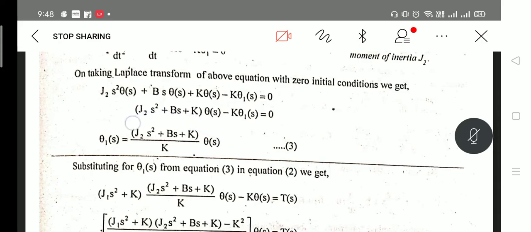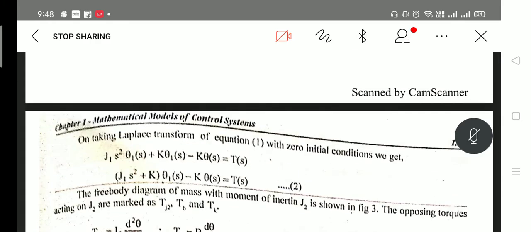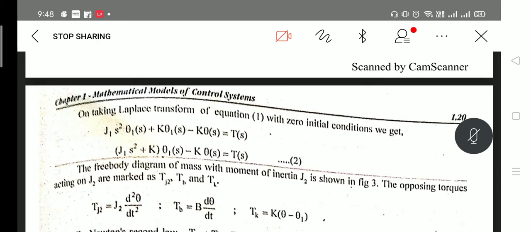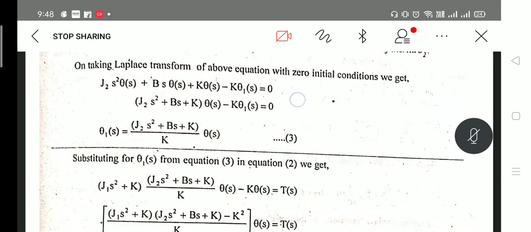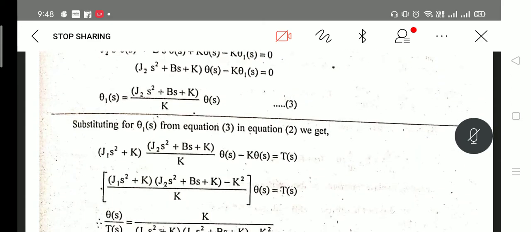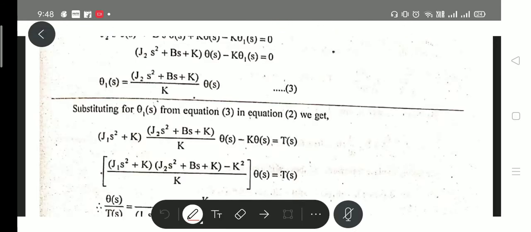This theta 1 of s we write in the second equation. In place of theta 1 of s, I am substituting this value: j1 s square plus k into j2 s square plus bs plus k by k, into theta of s, minus k into theta of s is equal to T of s.